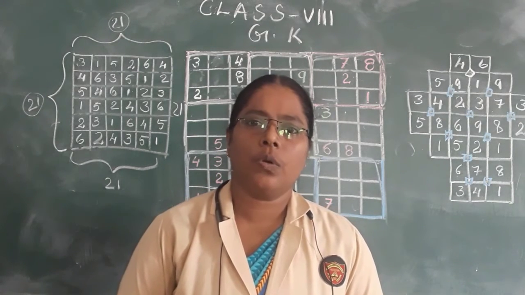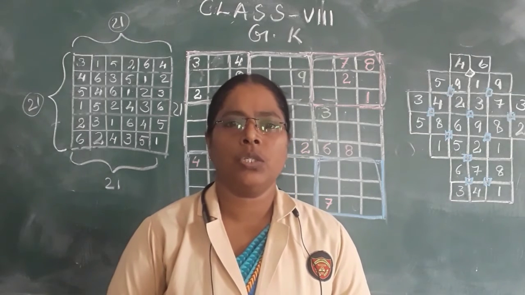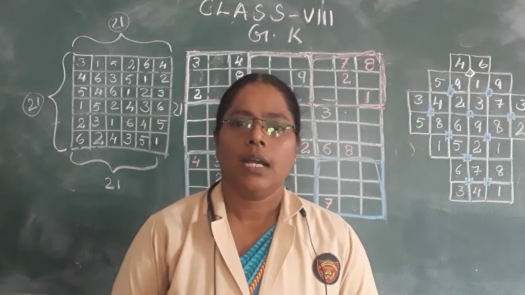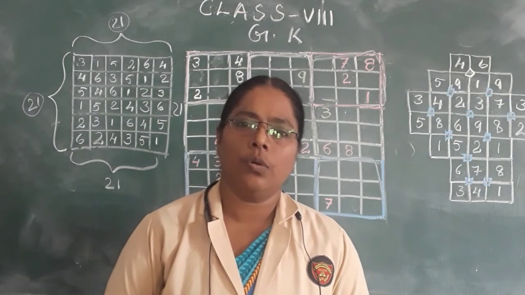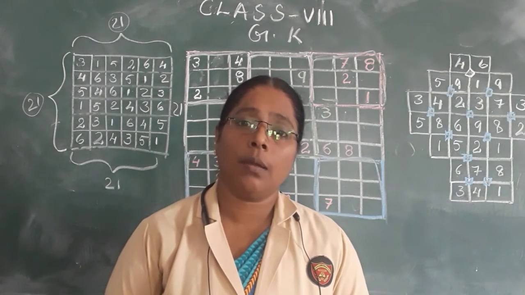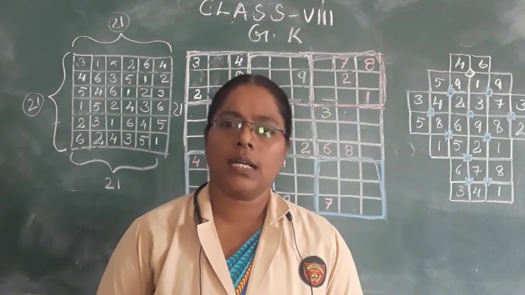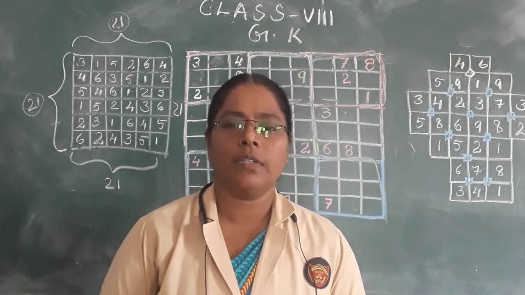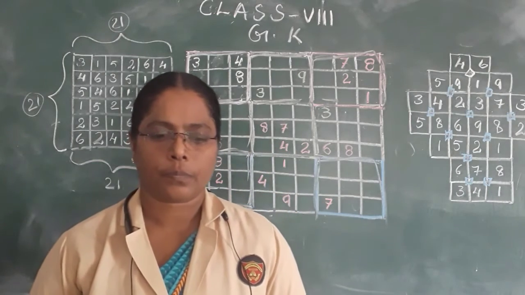In classic Sudoku, the objective is to fill a 9 by 9 grid with digits so that each column, each row, and each of the 9 3 by 3 blocks that compose the grid contain all of the digits from 1 to 9.